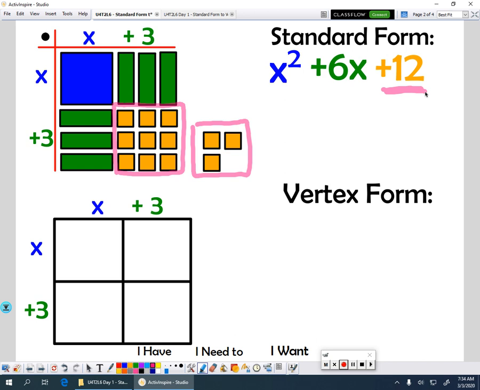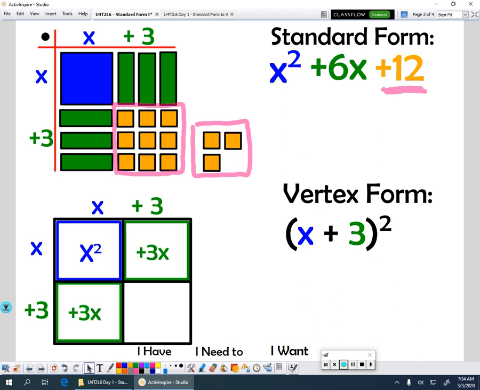But in our vertex form, I can't just write x plus 3 squared, because x plus 3 squared would only be what I get in a perfect square. So here's what I do. I'm going to start off the same way. I've got my x squared, I've got my 6x, and I've got, in a perfect square, 9 units. Those 9 units are these 9 that I have right here.